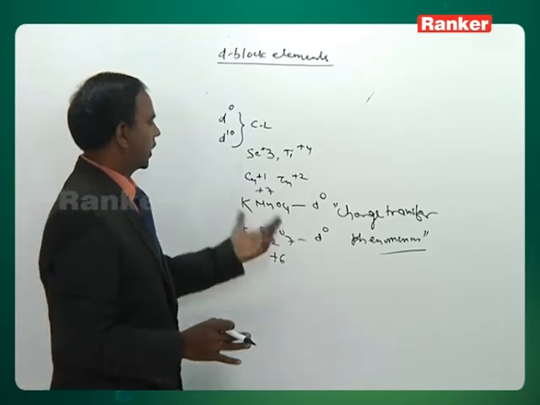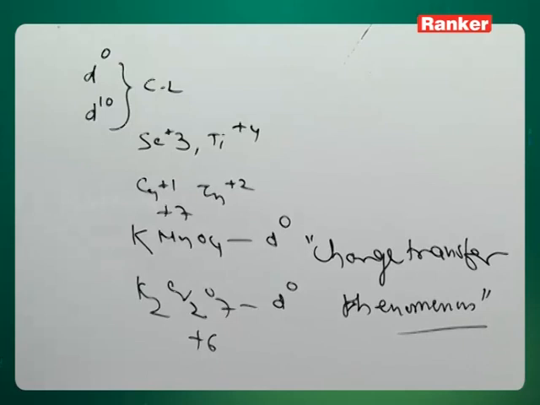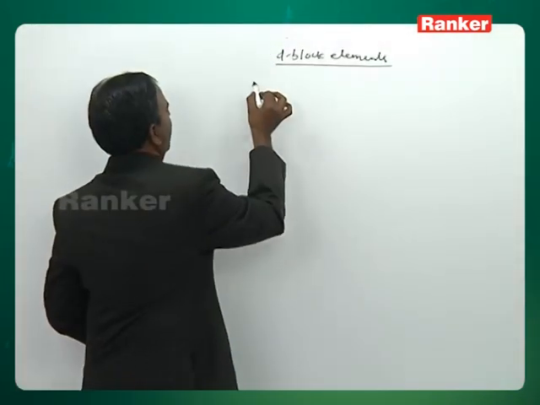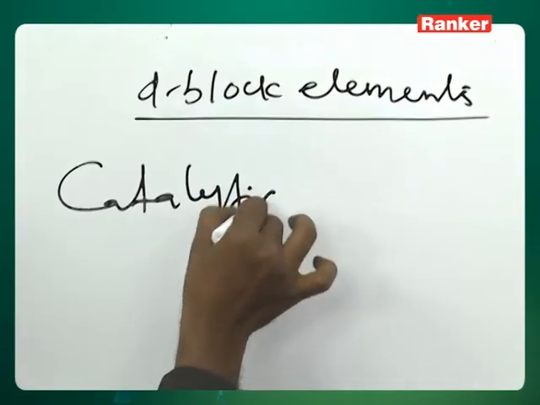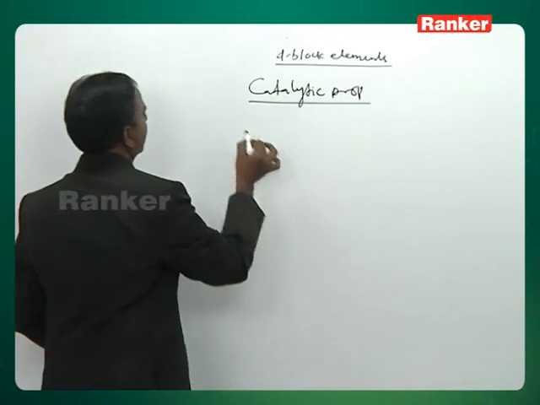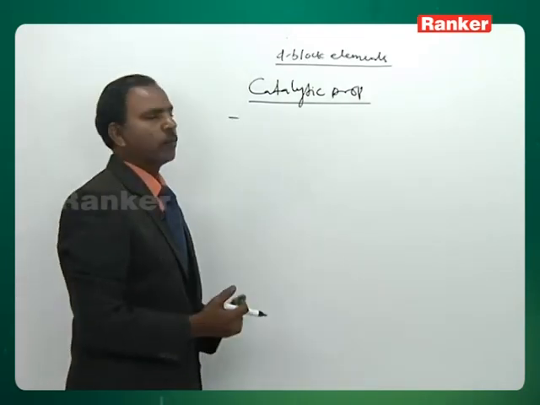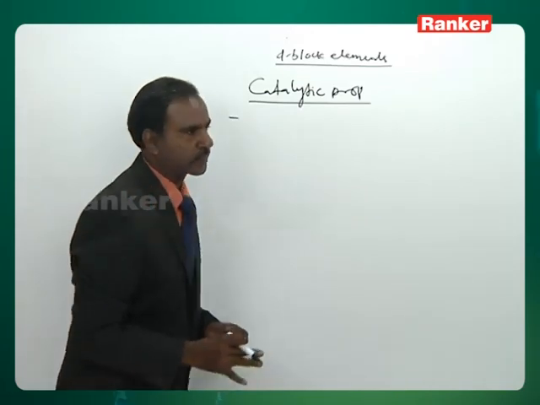Next, let us see the next heading, catalytic properties. See, most of the D block elements and their compounds generally we use as what? Catalysts.